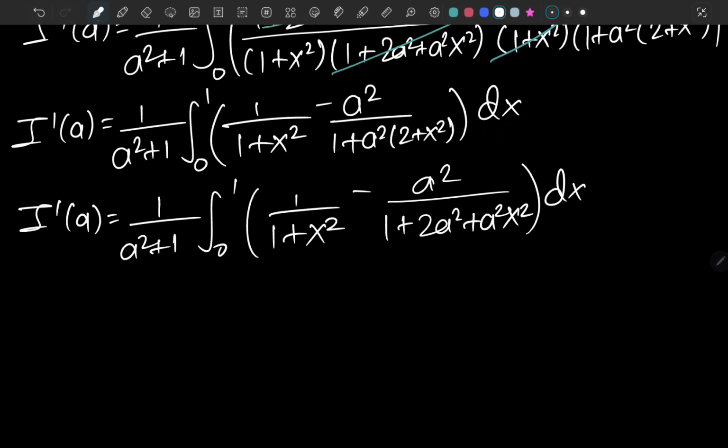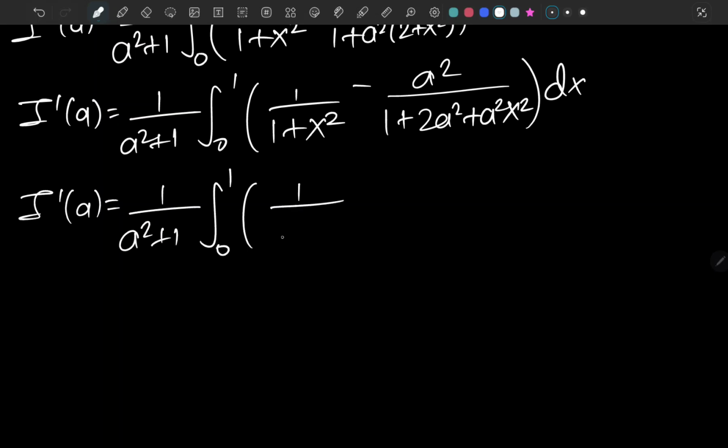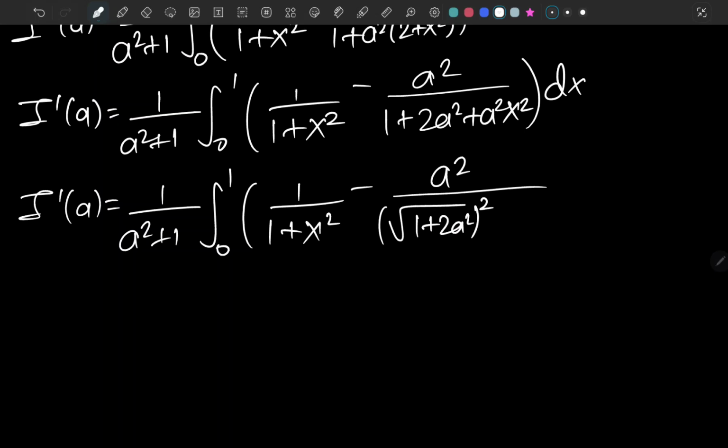Okay, and then the next step would be this: I prime of a equals 1 over a squared plus 1, integral from 0 to 1 of 1 over 1 plus x squared minus a squared over, I can write this down as, square root of 1 plus 2a squared, whole squared, and plus ax whole squared, right?